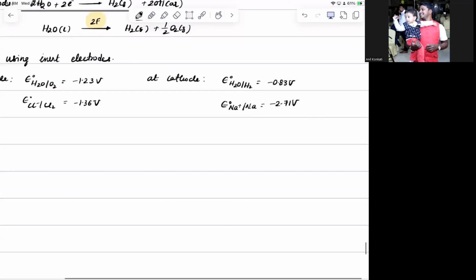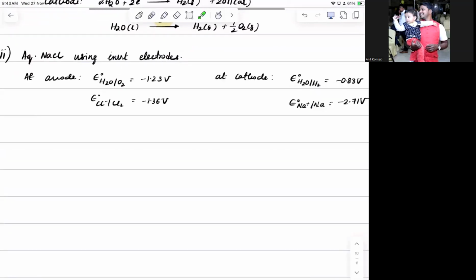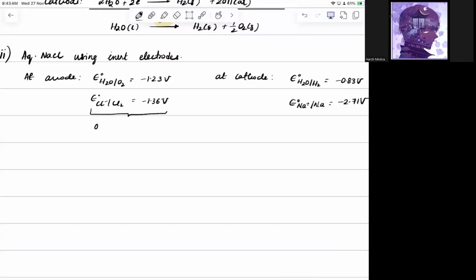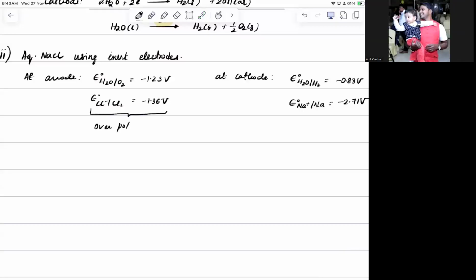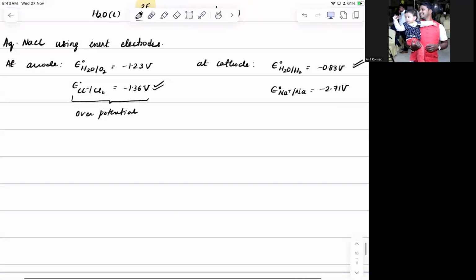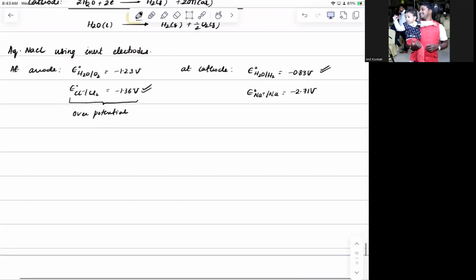Now, there is a concept called overpotential, also known as bubble potential. Due to overpotential, although this value is smaller, it will be slightly more feasible as compared to that of water getting oxidized. And here, obviously, the difference is quite high. So water is only going to get reduced.